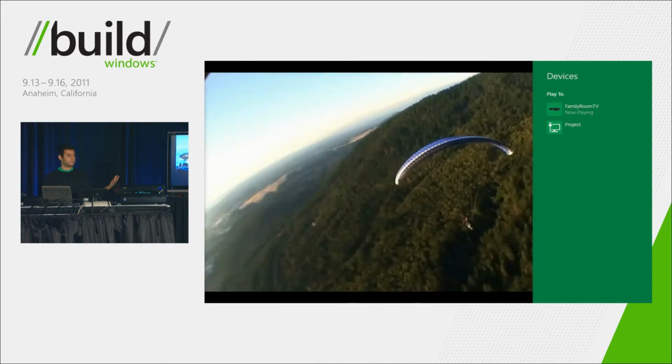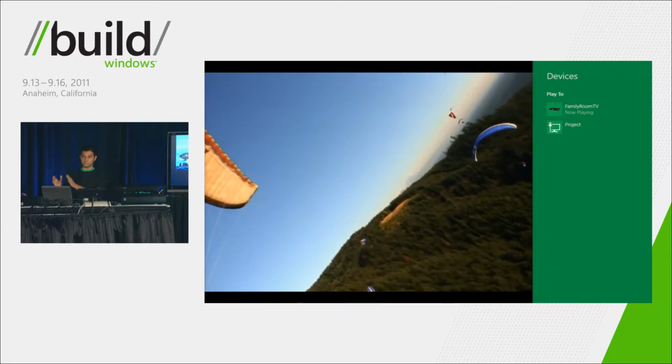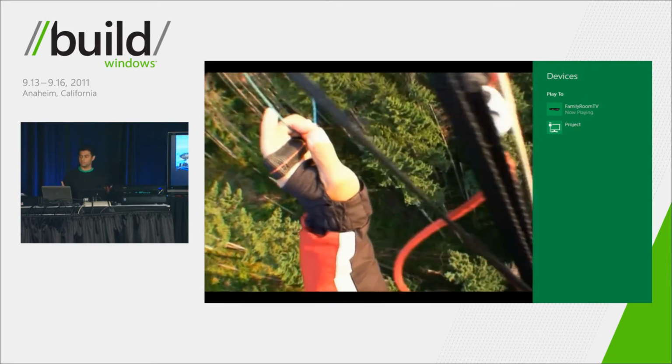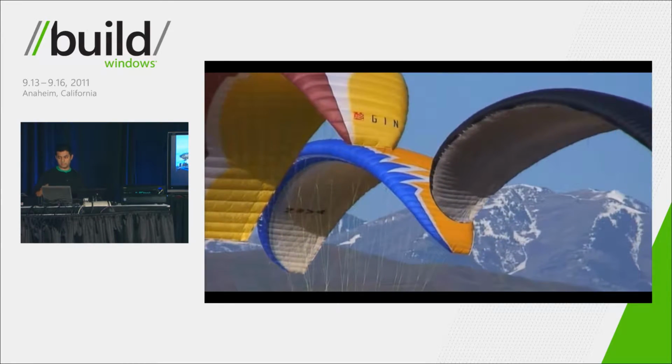The reason for that is because this audio receiver can't consume videos, right? So we do the work to filter to just the devices that are actually supported for the type of media. So let me select my family room TV. And just like that, this HD video is streamed to the device. This video happens to be H.264, which is becoming a very popular format.